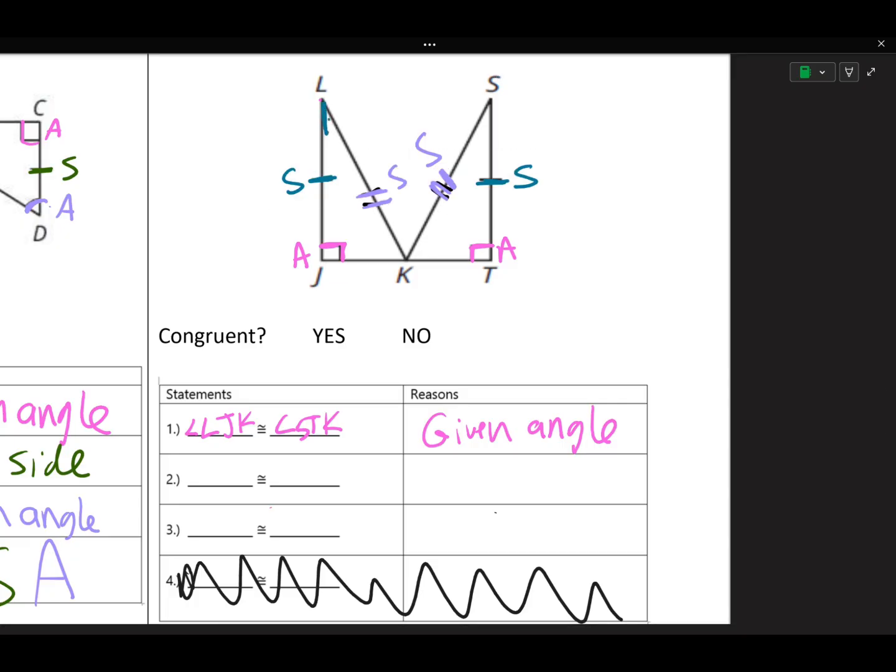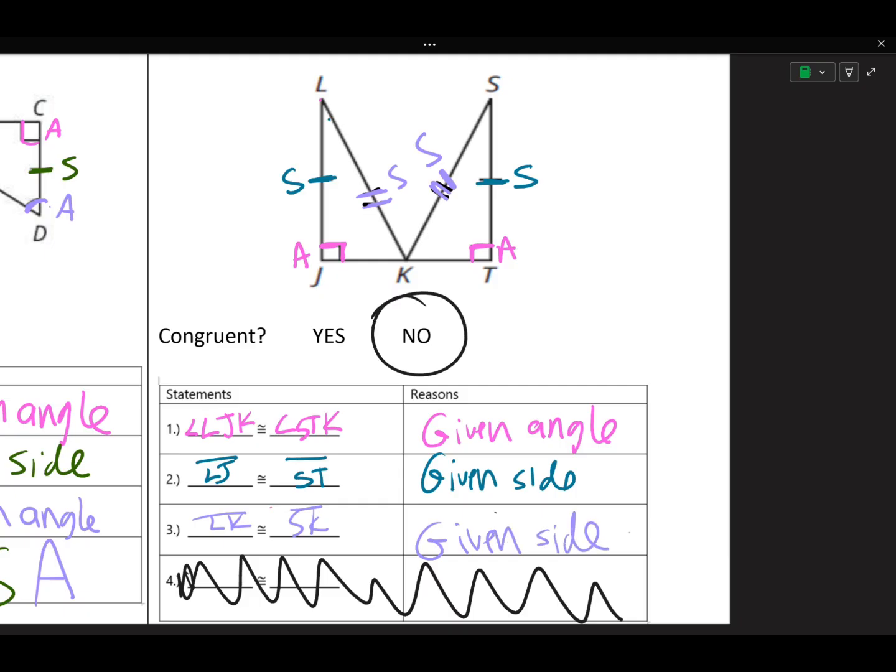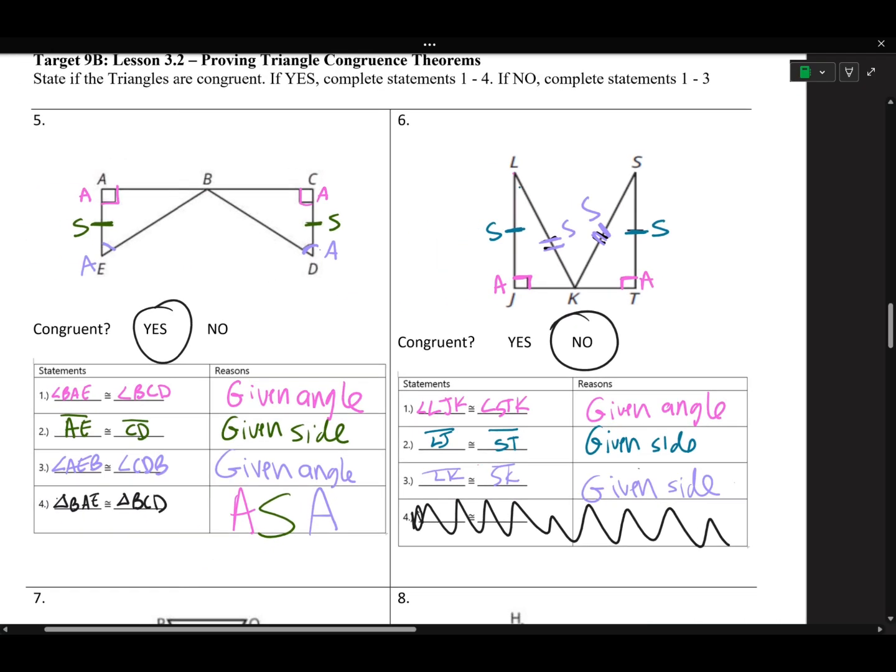I have side LJ, and I have side ST. And lastly, I have side LK and side SK. Oh, I forgot to circle no. All right, onwards we go.